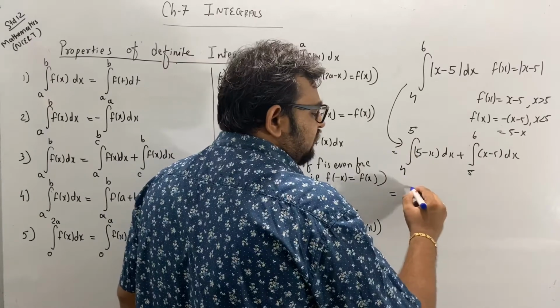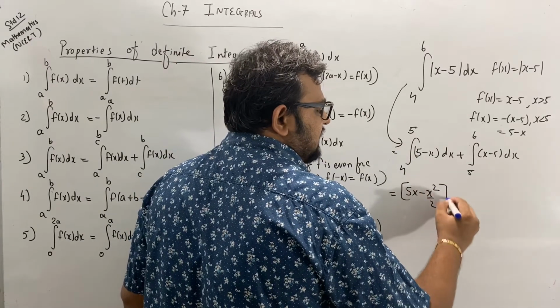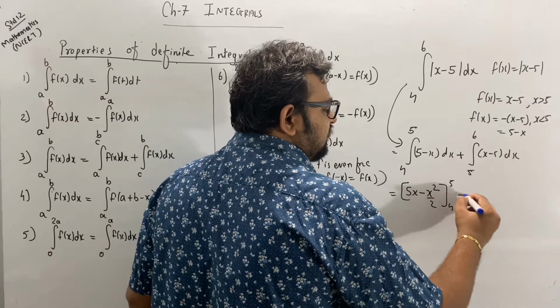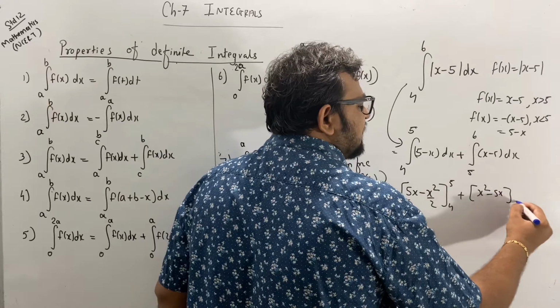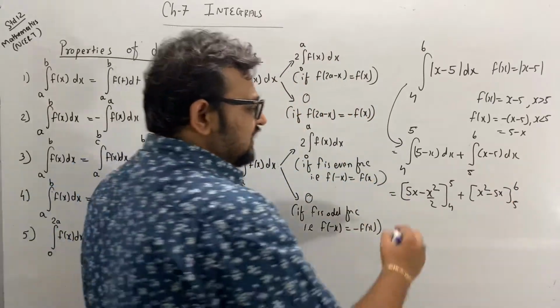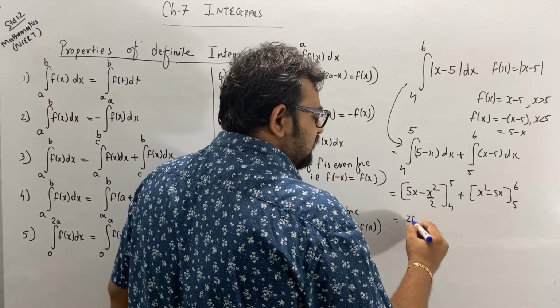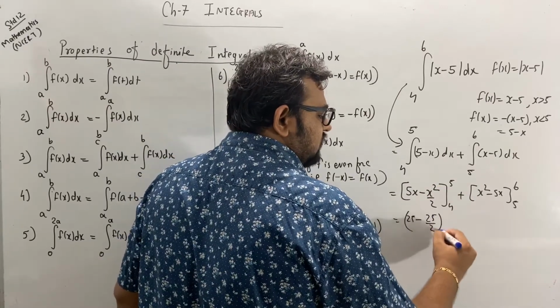So this will be equal to 5x minus x square by 2, from 4 to 5, plus x square by 2 minus 5x, from 5 to 6. Clear? Now just put down the values. 5 into 5, 25, minus 5 square, 25 by 2.